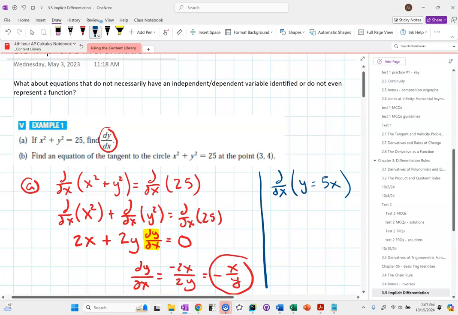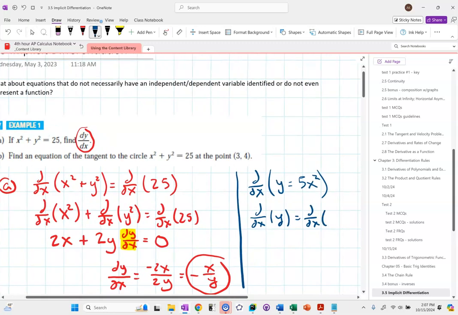So let's just say we had something like the equation y equals 5x squared. If I do the derivative of both sides, I'm going to do the derivative with respect to x of y, and the derivative with respect to x of 5x squared. Remember, one of the ways that we write a derivative of y is dy dx, right?